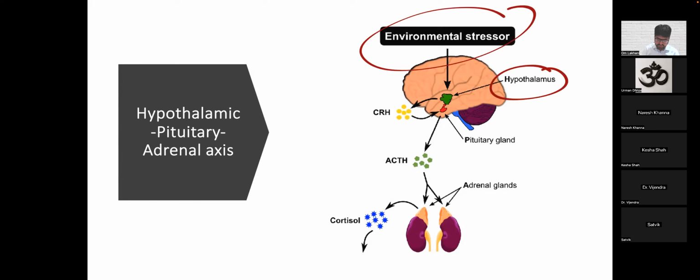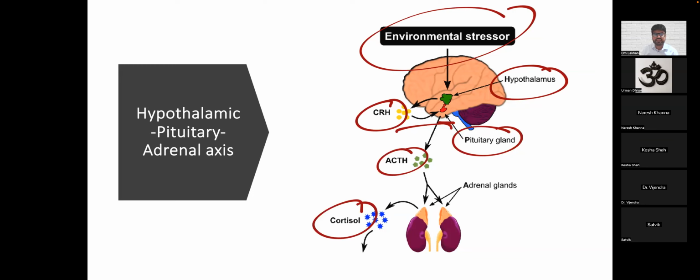The hypothalamus produces corticotrophin releasing hormone, CRH, which acts on the pituitary gland to produce ACTH, and this ACTH acts on the adrenal gland to produce cortisol. So this is the HPA axis, a very, very important axis. In fact, our life depends on this axis.